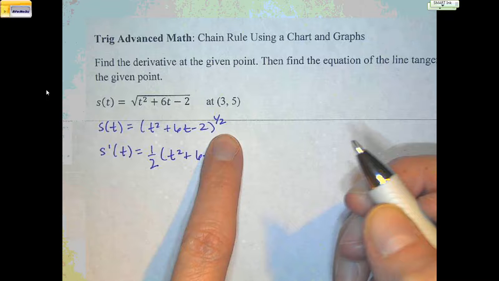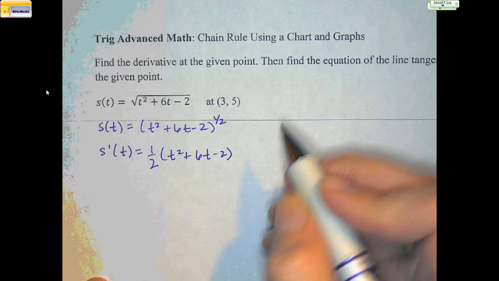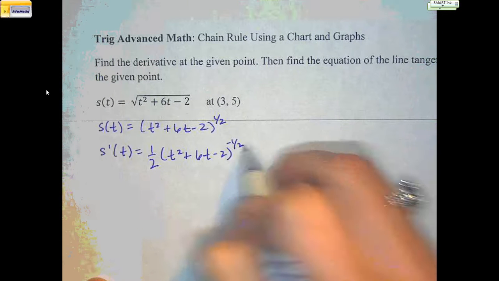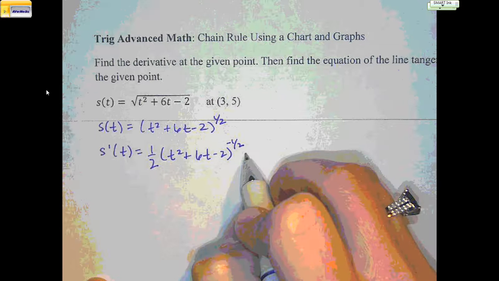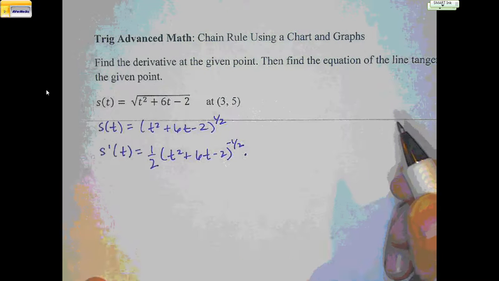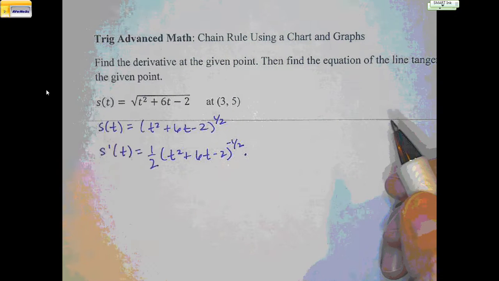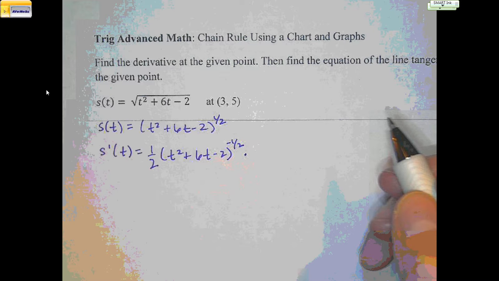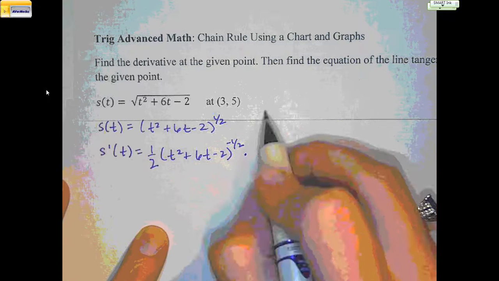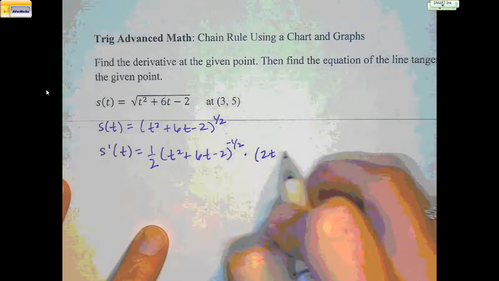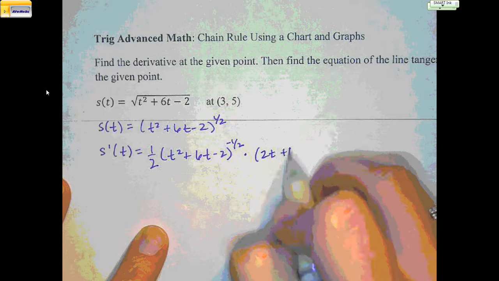Your exponent was 1/2. Subtract 1, we now have negative 1/2. Times, now the chain rule says you have to do the derivative of the outer function times the derivative of the inner function. So the derivative of the inside is just 2t plus 6.